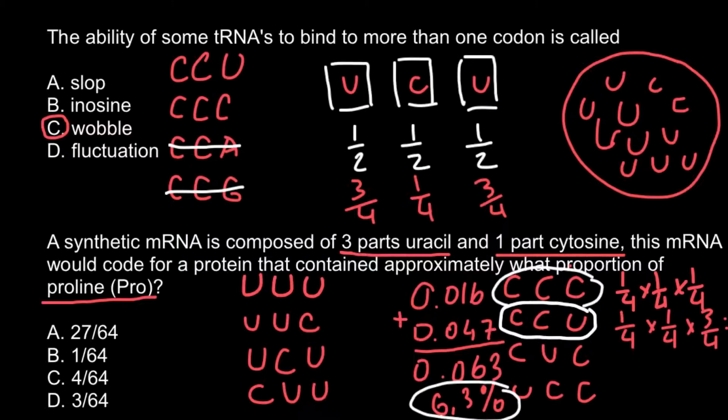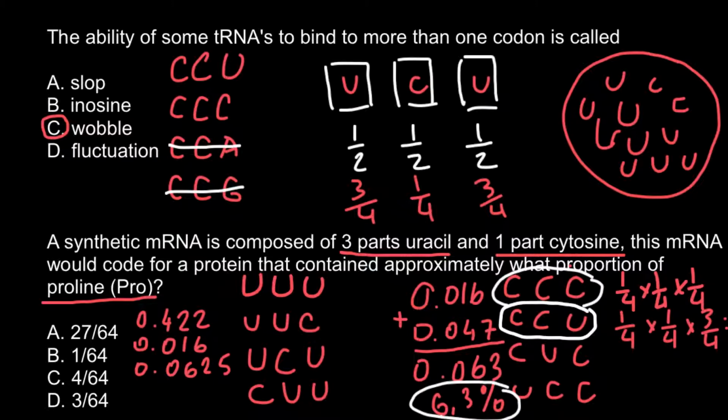And let's now find our answer here. In order to do so, let's convert fractions into the decimal number. So here we would have for the 27/64, the fraction would be 0.422. For the answer B, 1/64, the answer would be 0.016. And for the answer C, 4/64, our answer would be 0.0625.